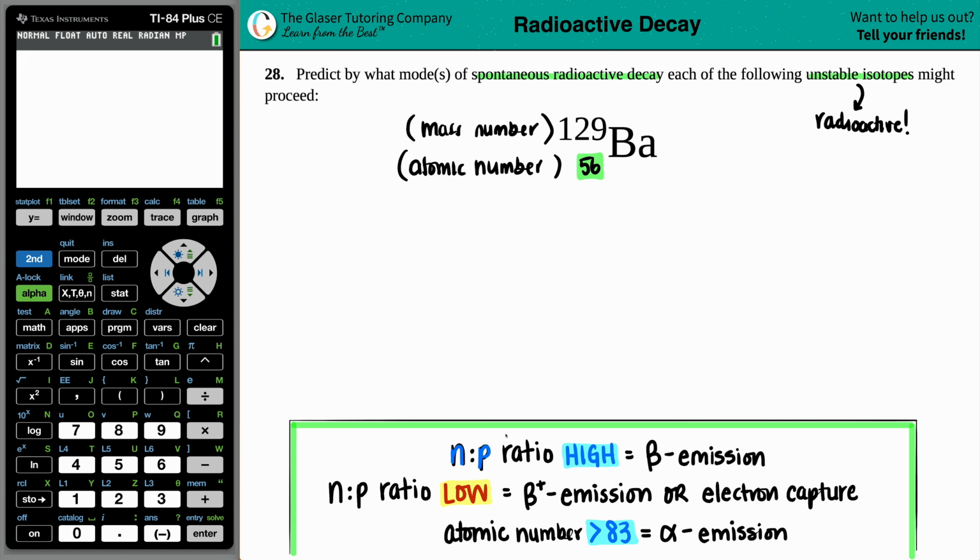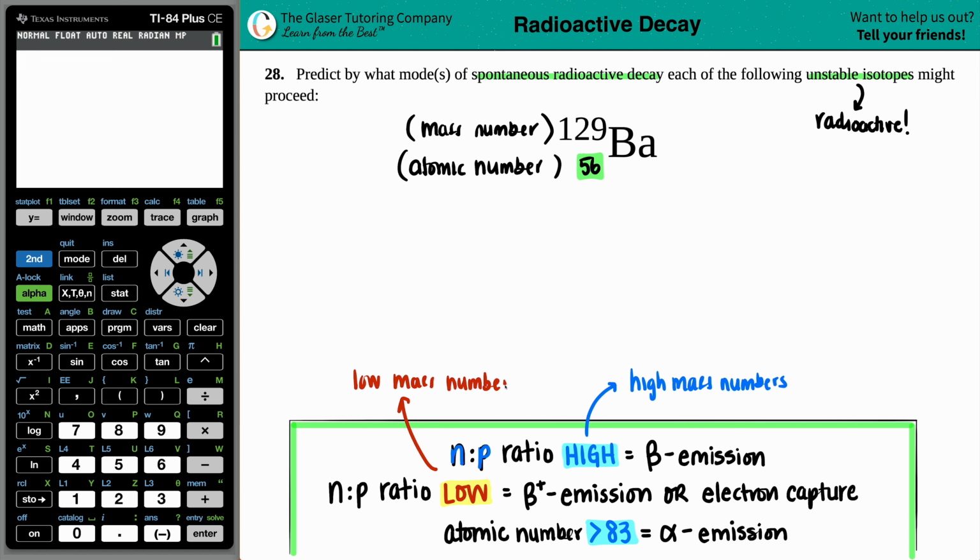If you have a high N/P ratio, high goes with high: high N/P ratios are found with high mass numbers. On the flip side, low neutron to proton ratios correspond with low mass numbers.